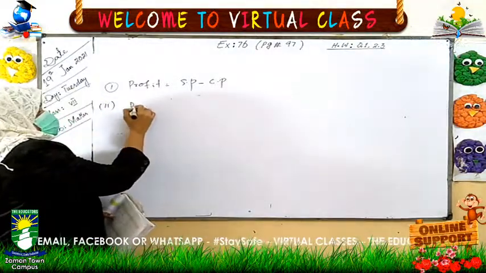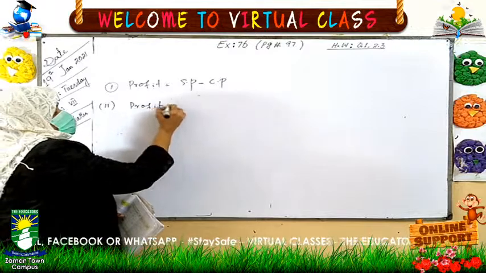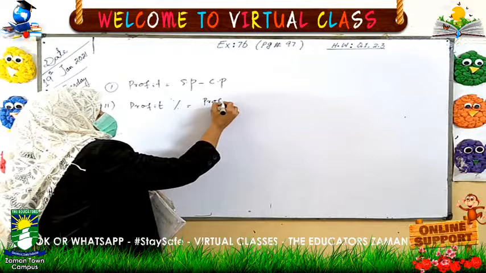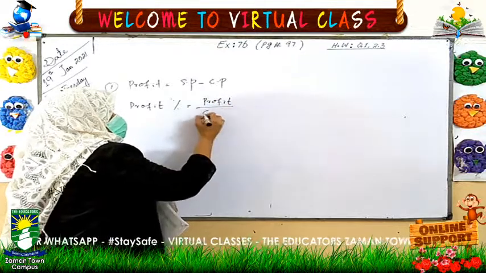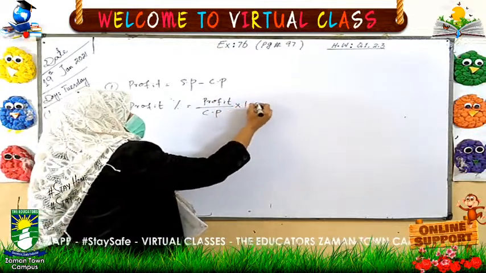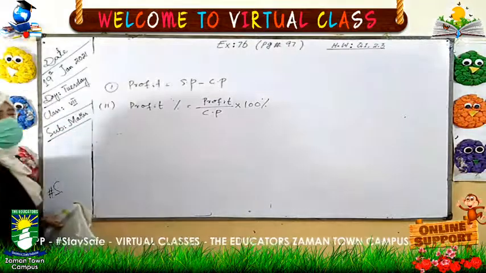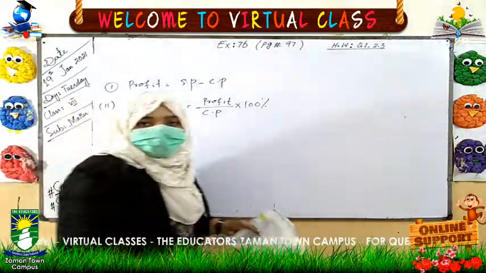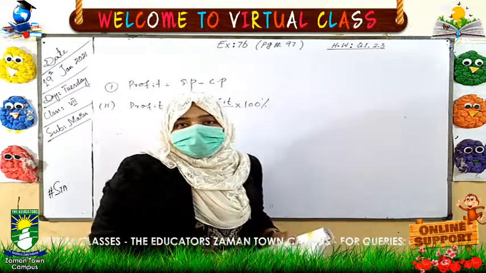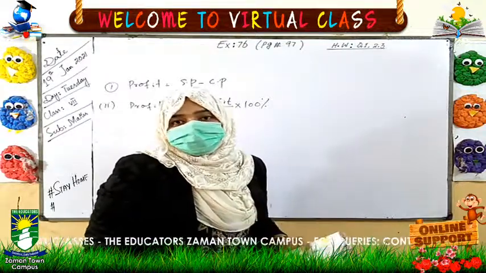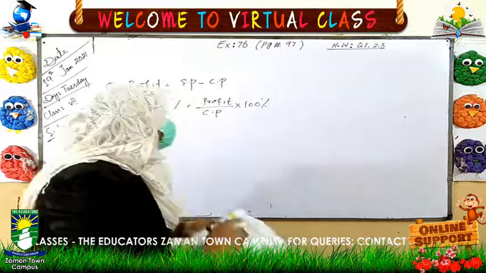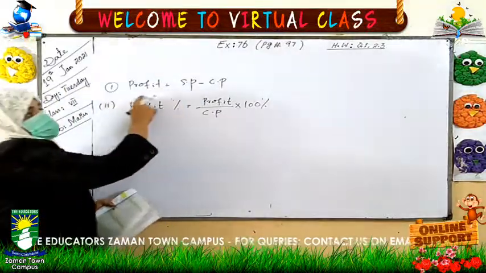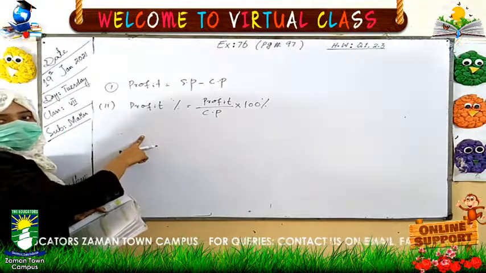That the profit percentage is equal to profit upon cost price multiplied by 100%. These two formulas will be used for the solution of question number 1, parts 1, 2 and 4. Get it? Question number 1, parts 1, 2 and 4 will be solved by these two formulas.